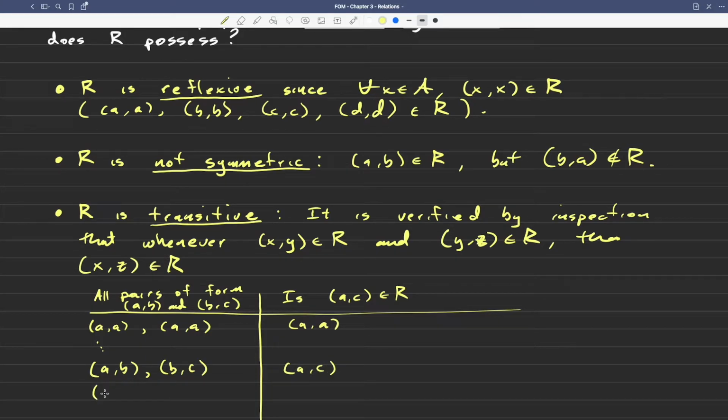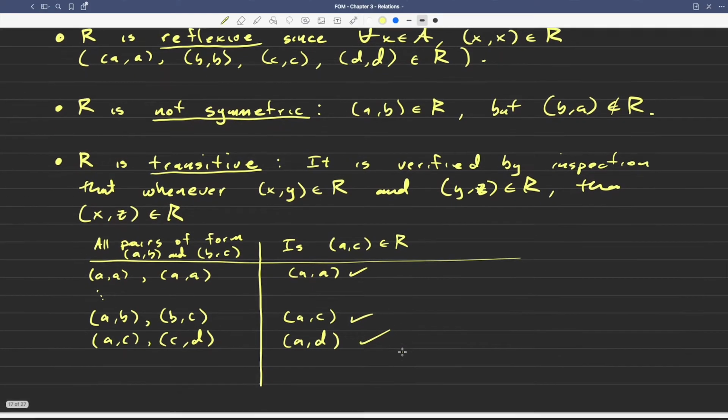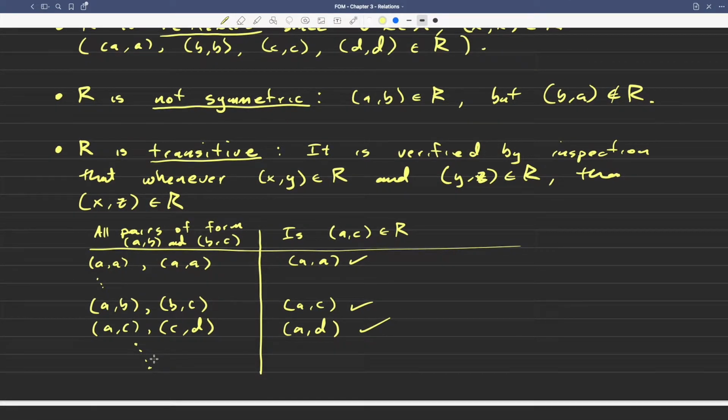And you've got ones like A comma C was in there, and in turn, C comma D was in there, and then you also found that A comma D was in there, yes. So the point is that you could make an exhaustive list of this sort of thing and check all the possibilities, okay?